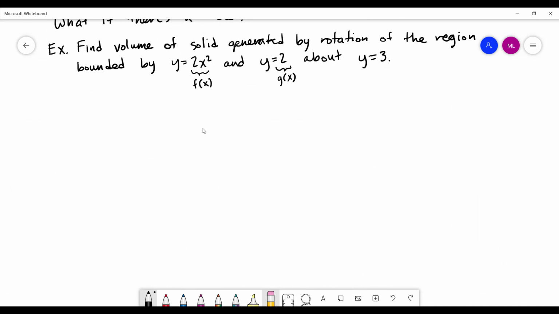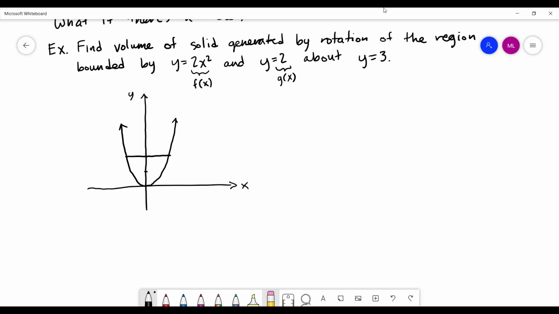The picture that I'm going to be looking at is the following. So this is a hard problem in a lot of ways. Here is my x and y axis. The first shape right here is a parabola that opens upward, and we're chopping it off at y equals 2, at a height of 2.